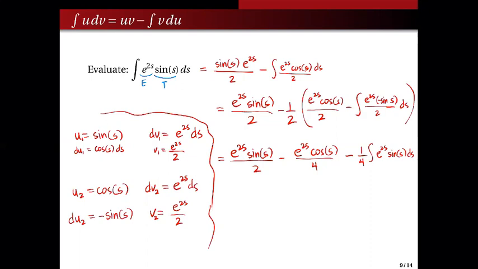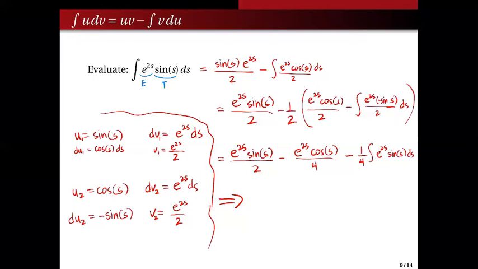So what does this mean? This means we will bring this negative 1/4 integral of e to the 2s sine s ds to the left-hand side.